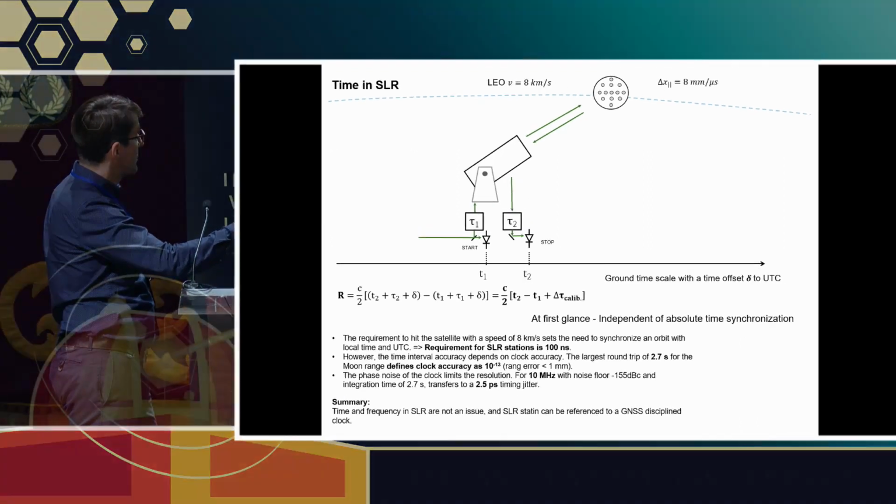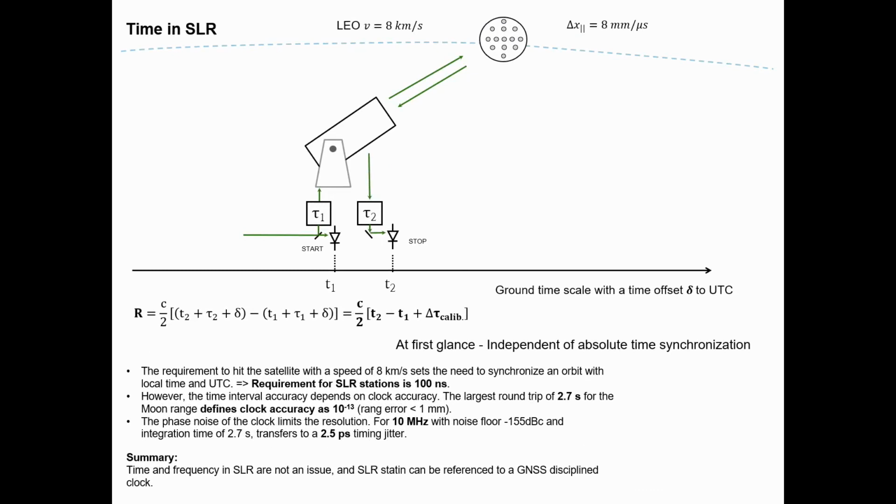When we are receiving the laser pulses, it also accumulates some delay from the receiving part, and we time tag these incoming pulses also with respect to the same time scale.